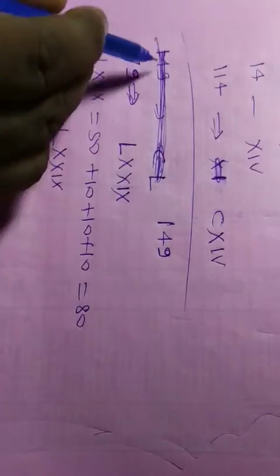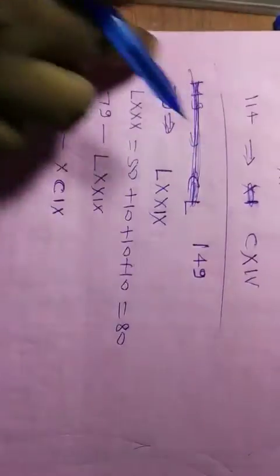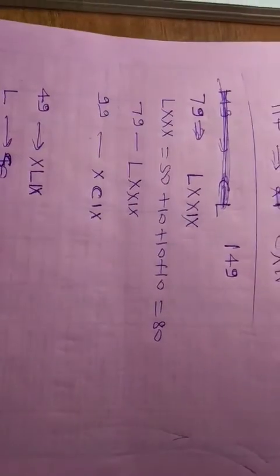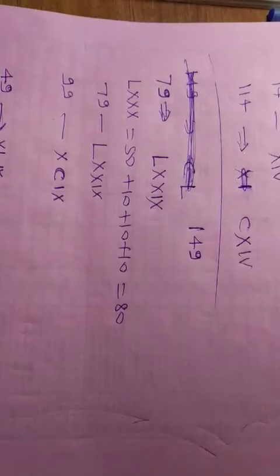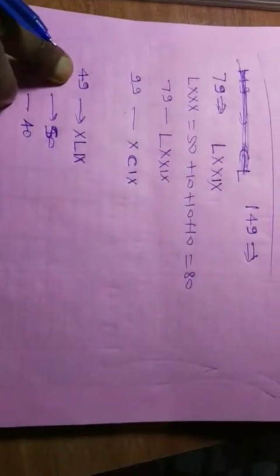And if you want to write 149, student, at the start I cut this 149 because of some dilemma. I would like to make you understand by small numbers. Now here 149. Student, 49 is XLIX.